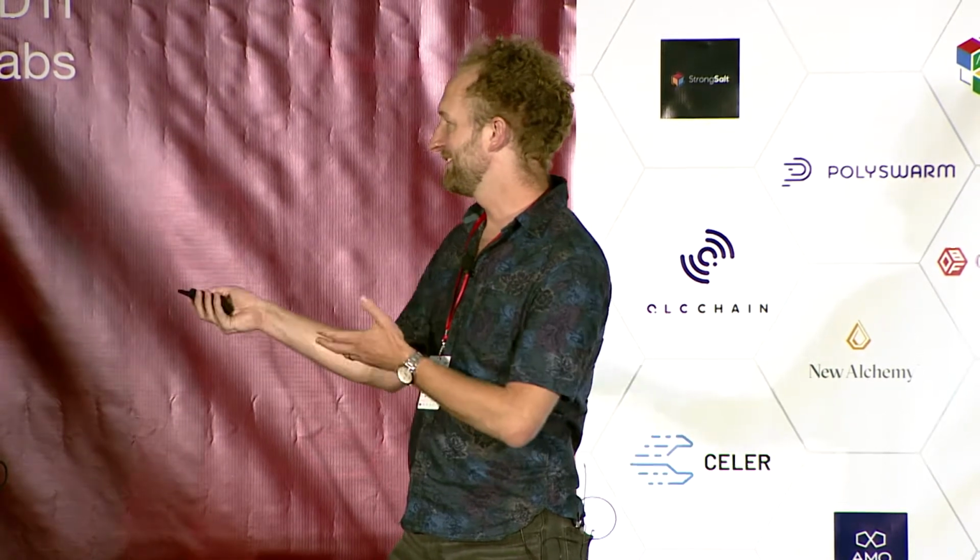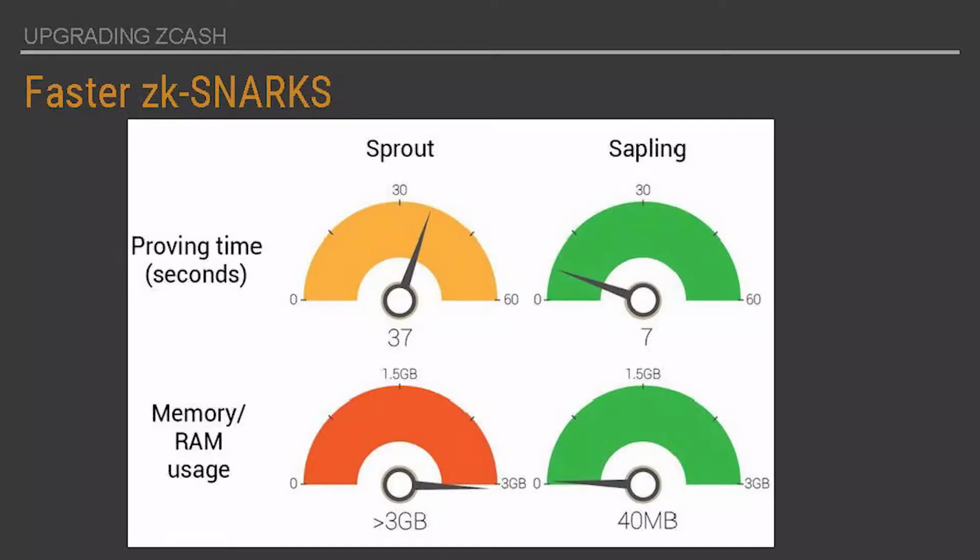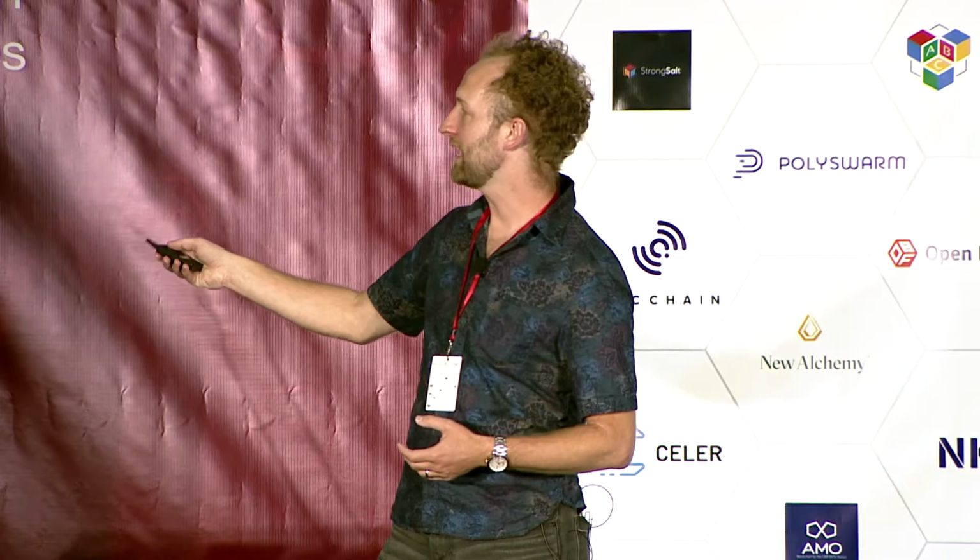So yes, this is some early benchmarks on the difference between Sprout and Sapling. If you've looked into Zcash at all, you may have heard that our first version protocol is really heavyweight. So for example, it can't run on mobile devices. These numbers came from benchmarks on a desktop.